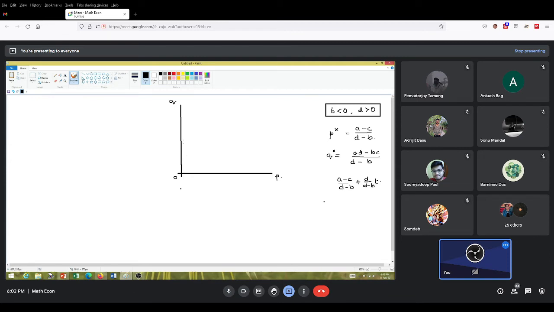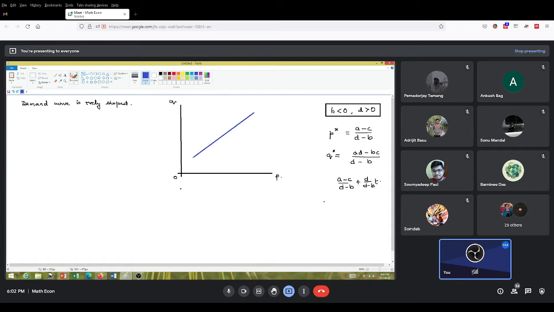Okay, so the assumption is, oh, not supply. The demand curve is positively sloped, and let us just draw the supply curve over here.